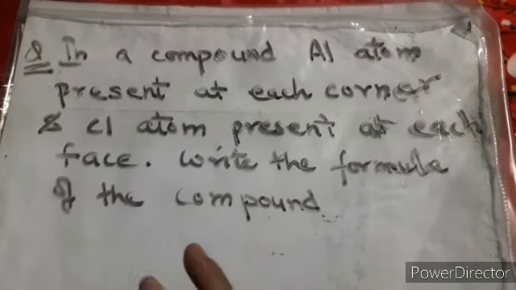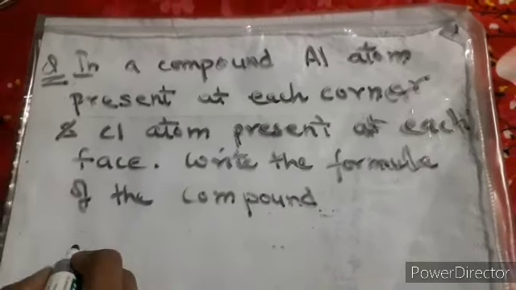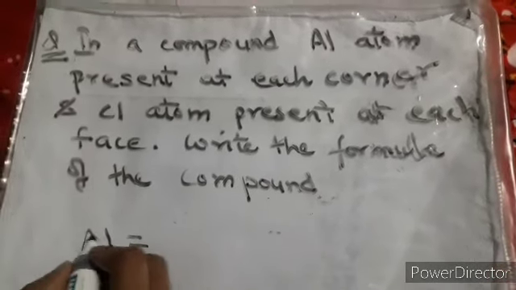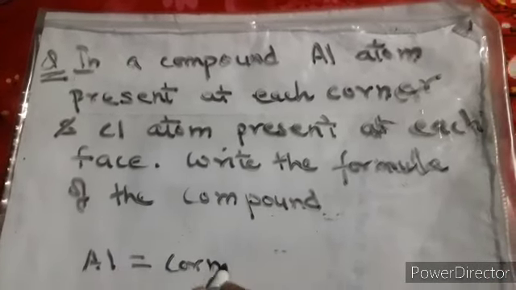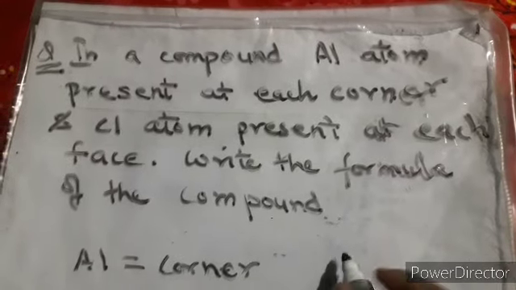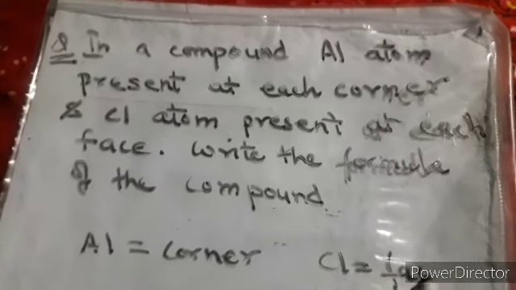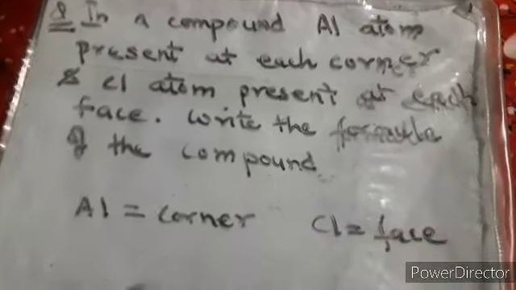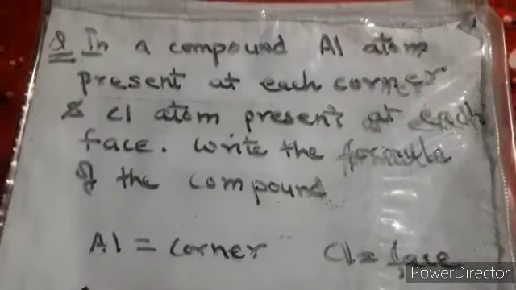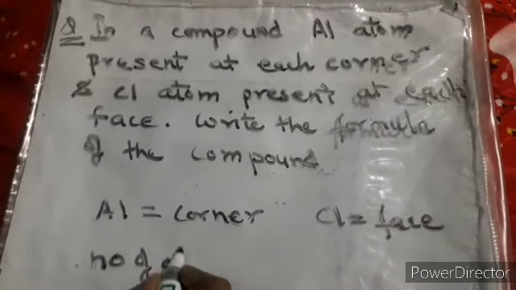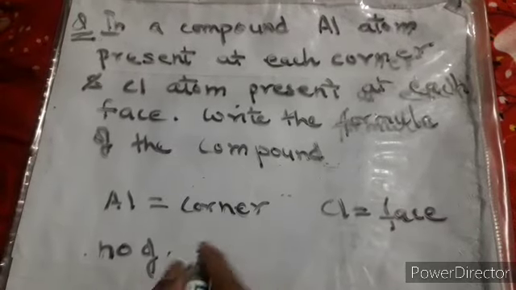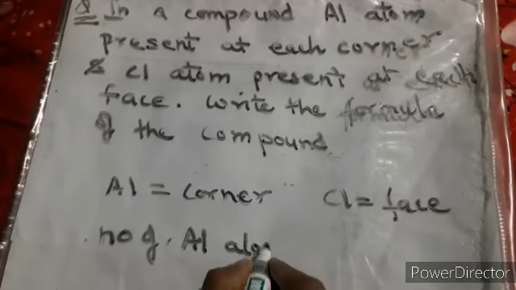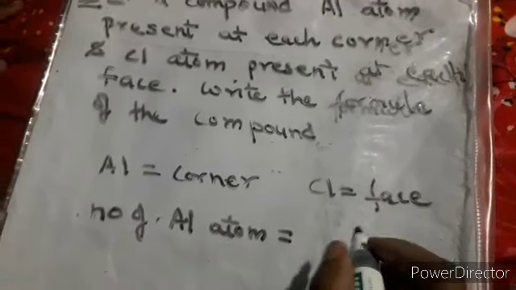Now first of all, you have to focus on what they have given you. Al, they are saying it's placed at the corner. So for your hint you can write it down over here. Then Cl is present on the face, right? So this will help you out. Now the number of aluminium atoms, they are present at the corner. So what was the formula?